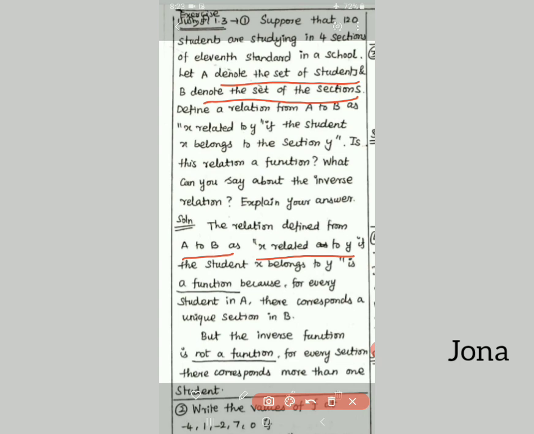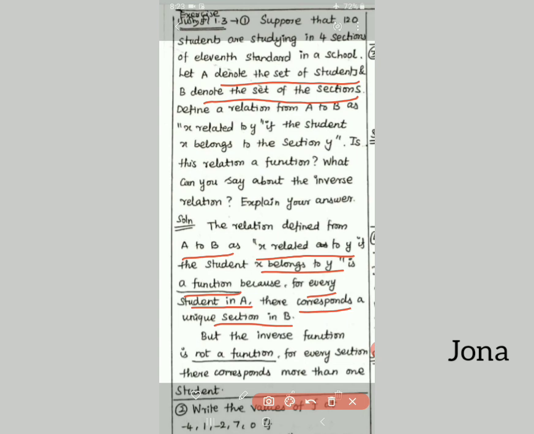Set B has the sections, isn't it? Every student belongs to a section, which is obviously true. So, it is a function, because for every student in A, there corresponds a unique section in set B. Do you understand that?